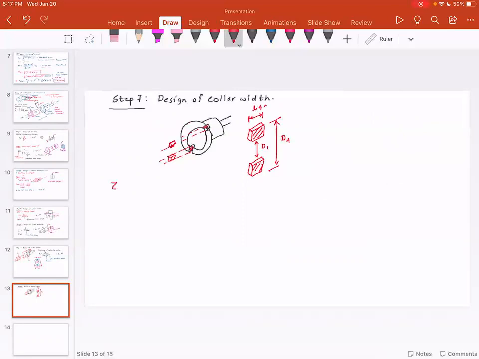So tau is equal to P. And please notice that shear is on either side. So you will have D4 minus D1 multiplied by L4 times 2.